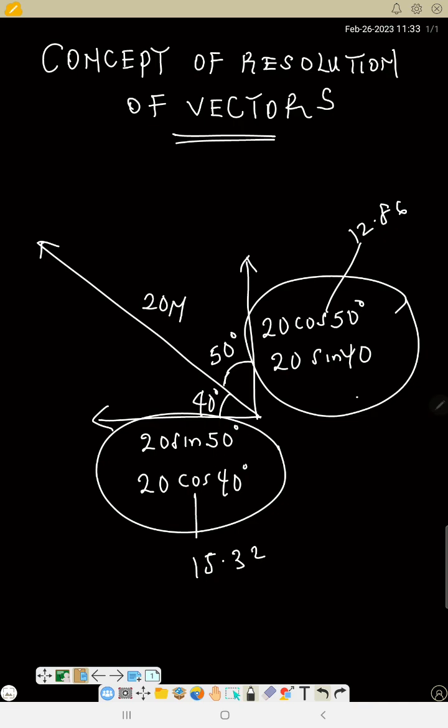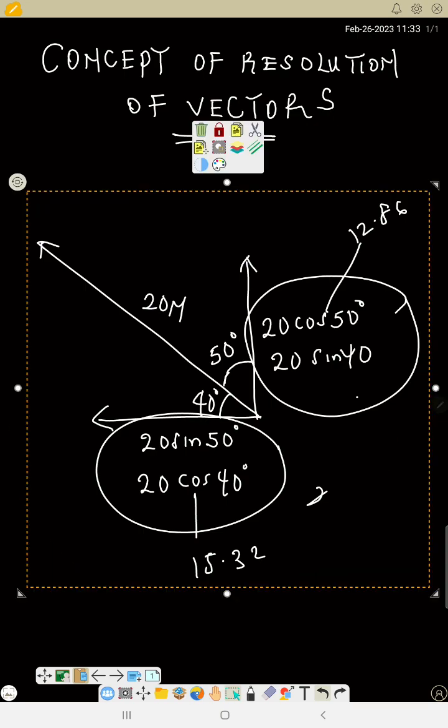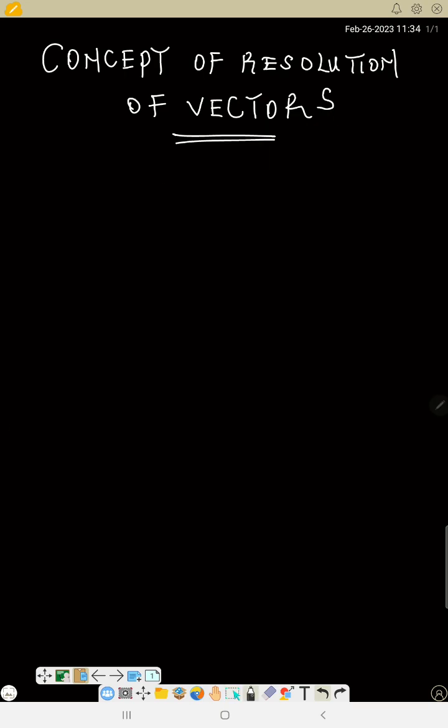So you notice that the answer must be the same. Take note, it's where the angle lies that will be cos, the other side will be sine. We are not solving, this is concept.